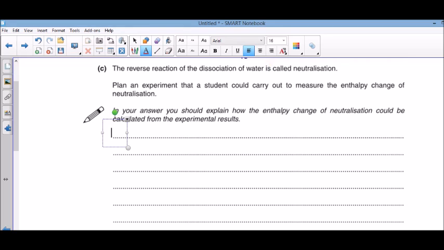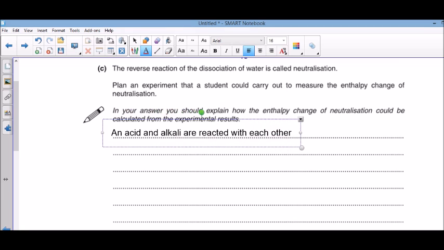What we're going to do is mix an acid and an alkali. So an acid and alkali are reacted with each other. That's going to be my first point.